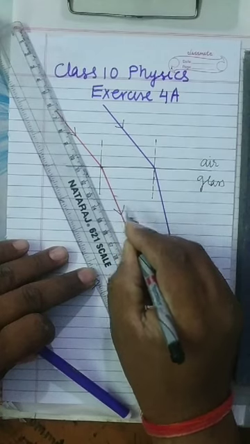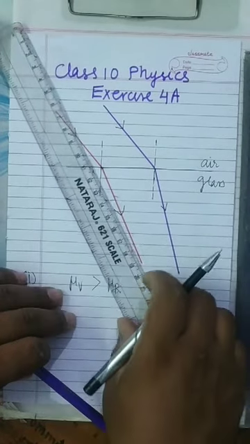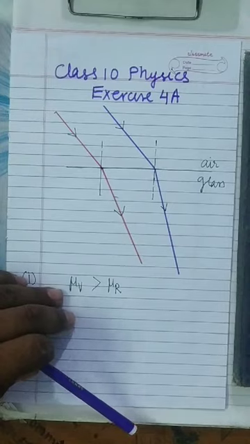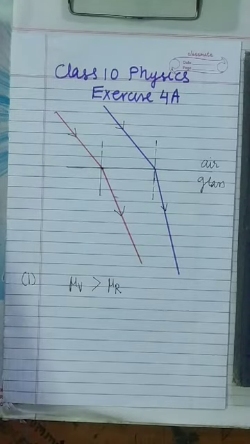Violet is bending more and red is bending less.